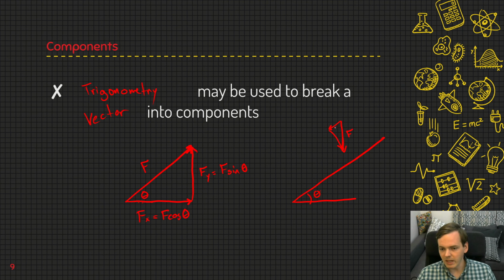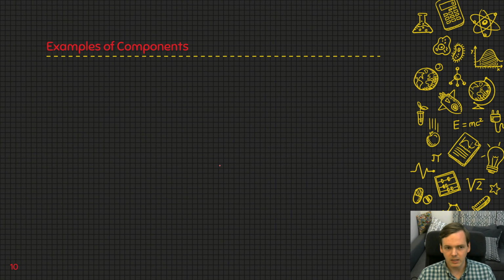So again, this was my F, and that means this is F sine theta, and this is F cosine theta. So I just want to point out you can break it into whatever direction you want, as long as you know one of the sides. You can use trigonometry to find the other parts.